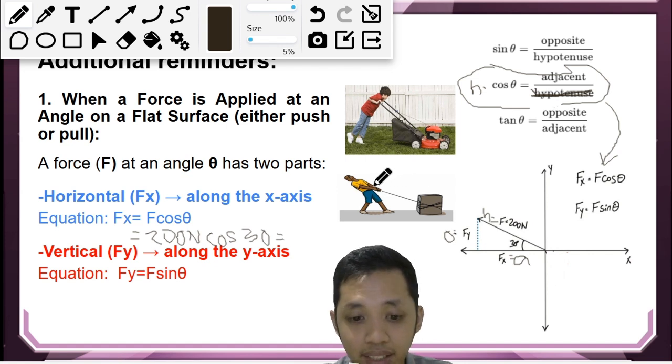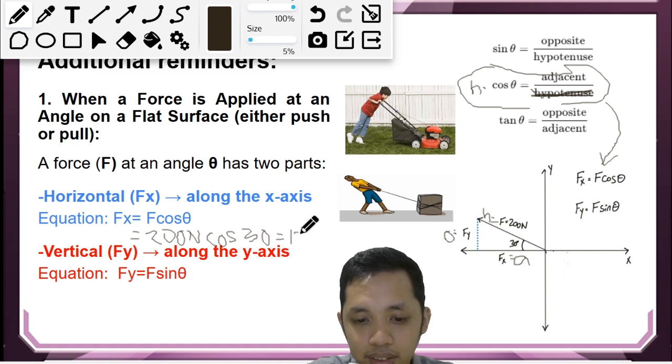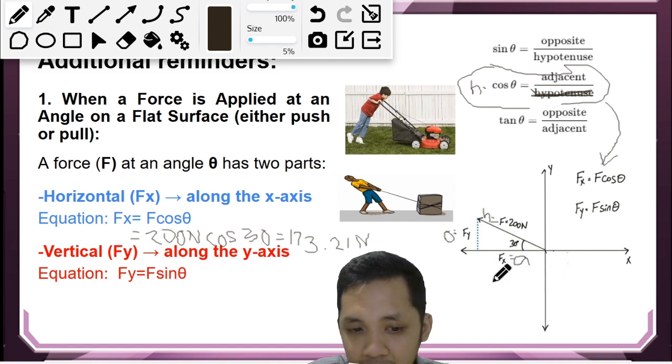So, 200 cosine 30 will have 173.21 newtons. So, our f of x is equal to this, 173.21 newtons.